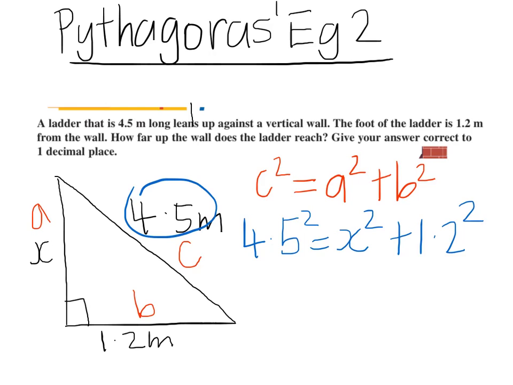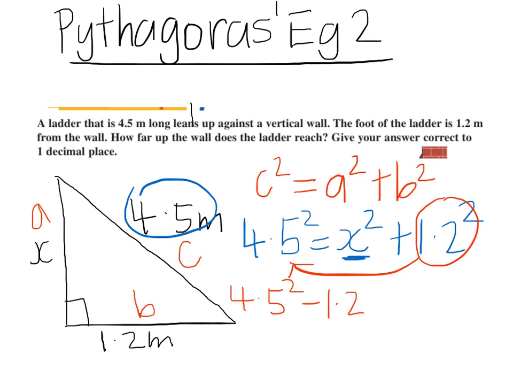We want to get our x squared alone. So what we're going to do, we need to rearrange this equation. So we want to leave this x squared by itself on the right-hand side of the equation, and we're going to move this 1.2 squared over the other side of the equation. So we're going to have 4.5 squared take 1.2 squared.